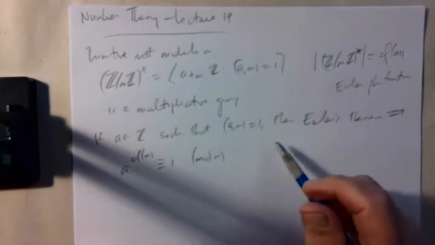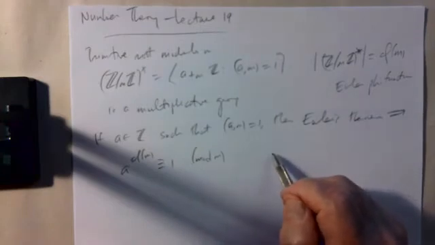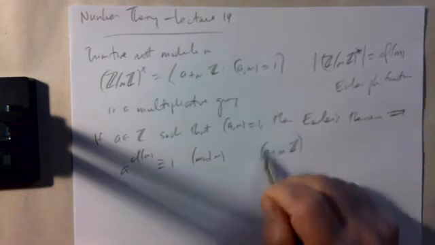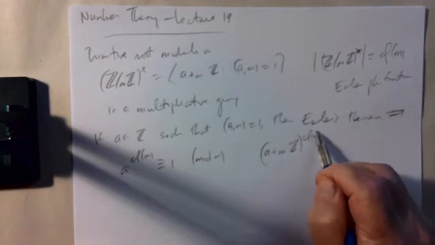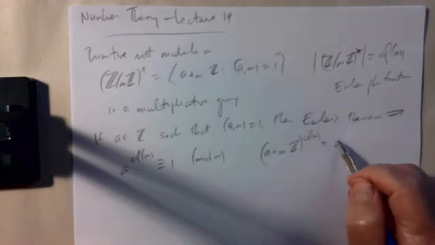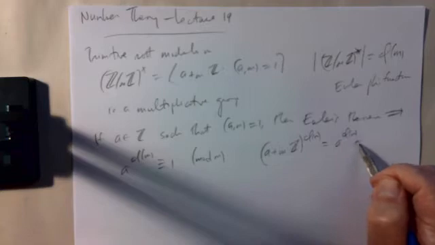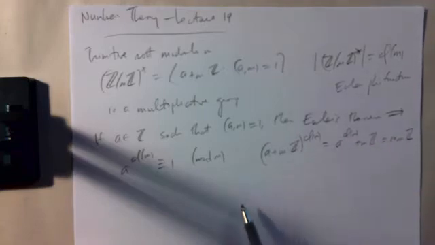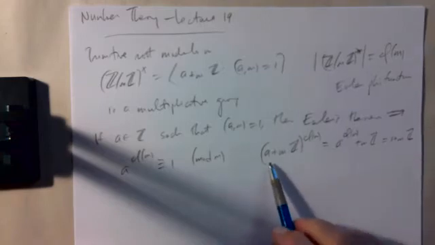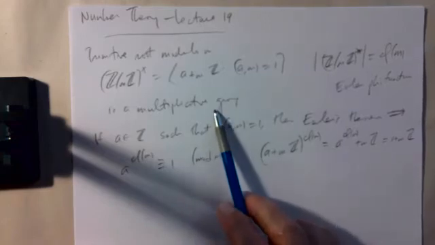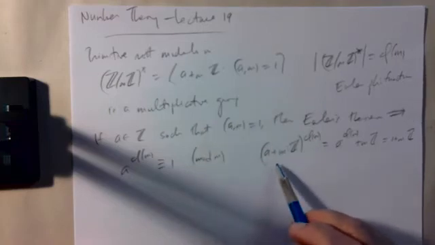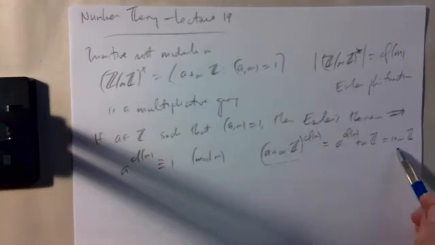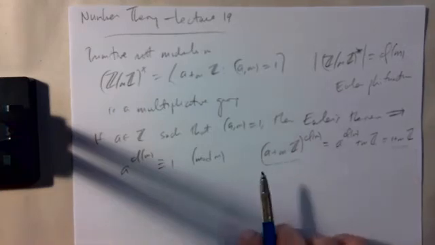In terms of congruence classes, this is exactly the same as saying that if you take the congruence class a plus mZ and raise it to the power phi of m, this is a to the phi of m plus mZ, which is 1 plus mZ. So in this group of congruence classes relatively prime to m, the congruence class a plus mZ to the phi of m is equal to the identity.